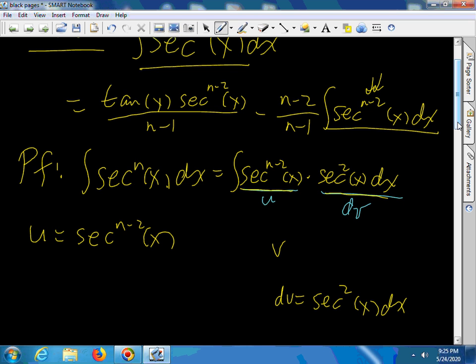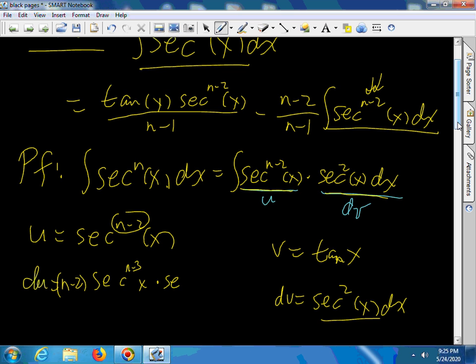And I'll jump on this one. I know that the derivative of tangent of x is secant squared x. And over here, du is, well, here secant x, I bring down the power, I make the new power 1 less, and then I multiply by the derivative of that.